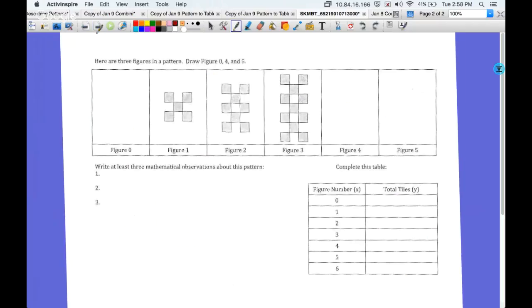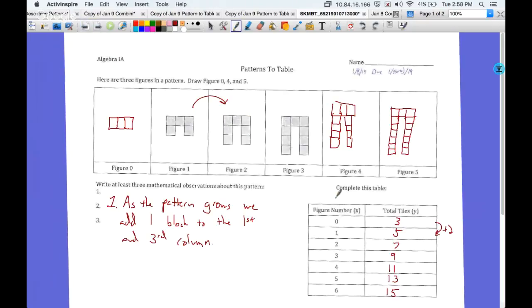On the back side, I won't do the rest of this, but I will say that if we're adding these 3 blocks, you see if I cross those out, then these would actually match. So if I take away those 3 blocks here, then all I'm left with is just these 2 like that. 2 more mathematical observations I want to make is that we start with 3 blocks or 3 tiles.